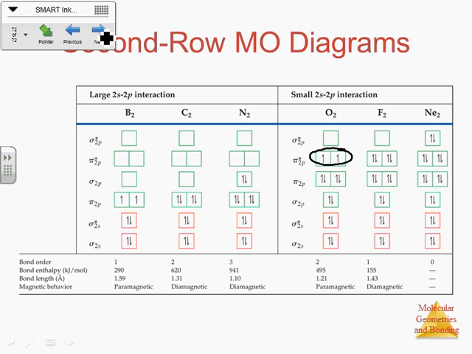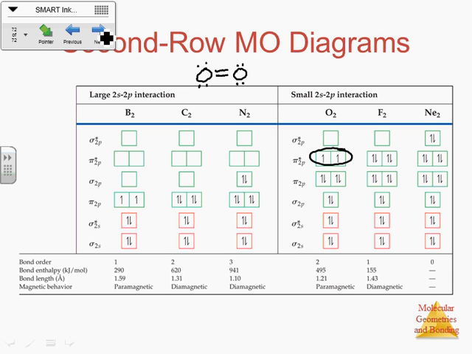Now, if you look at the Lewis dot structure for O2, make sure I get this right. Doesn't look to me like there's any unpaired electrons there, does it? Looks like everything's paired up.